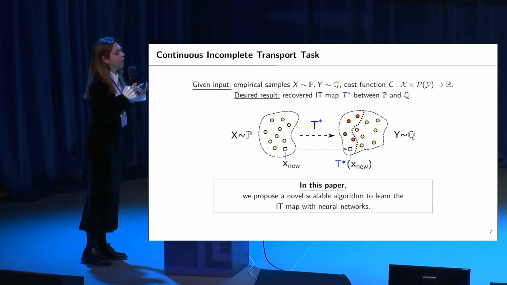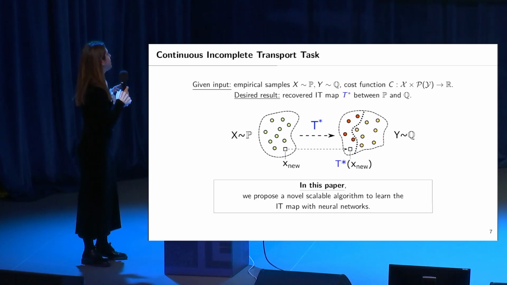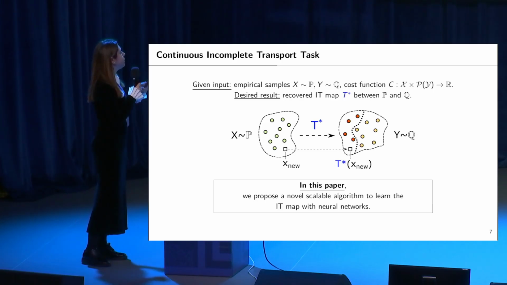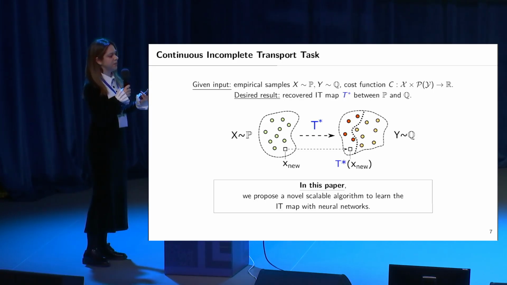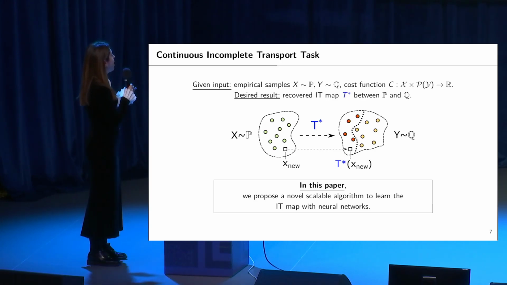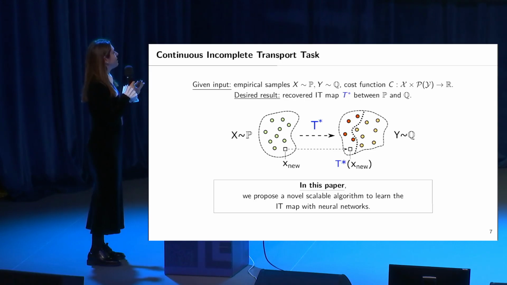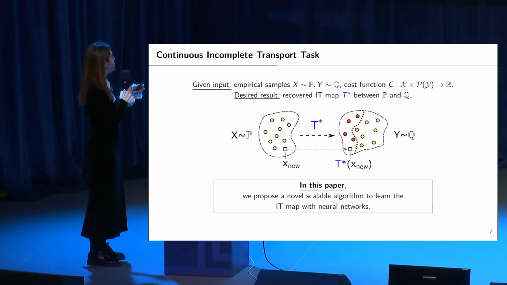So what do we want to do? We want to solve the unpaired domain translation problem using this incomplete transport theory. Here we come to the so-called continuous incomplete transport problem. The learner needs to find the continuous incomplete transport mapping between two distributions using only empirical samples from these distributions.